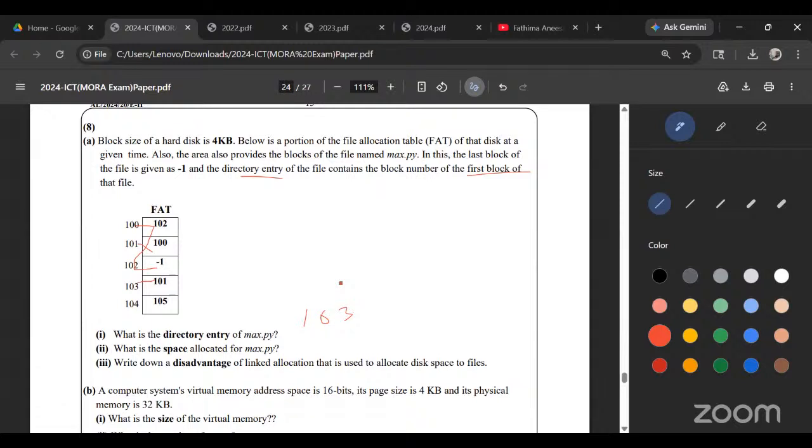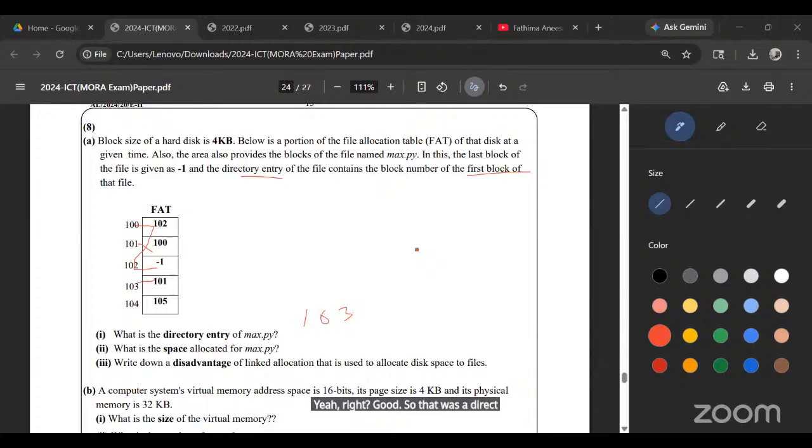Was that clear? It's just a simple logic, the basics. Clear, right? Good. So that was a directory entry.